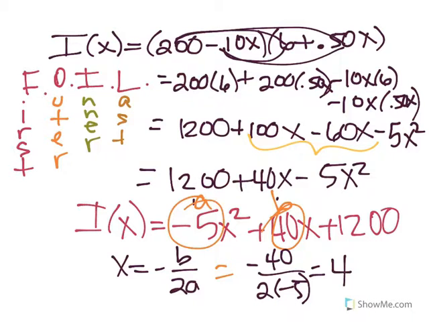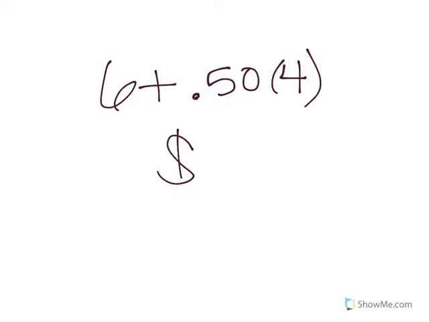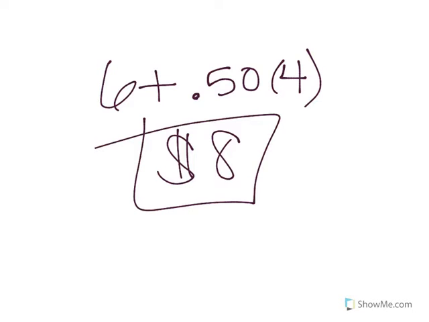So if you think back to what we let x be, that means the coffee shop should make 4 price increases of 50 cents to maximize their income. So if we take that number and we plug it in to 6 plus 0.5 times 4, we end up getting $8. So we know that the coffee mug price should be $8 in order for them to maximize their income.